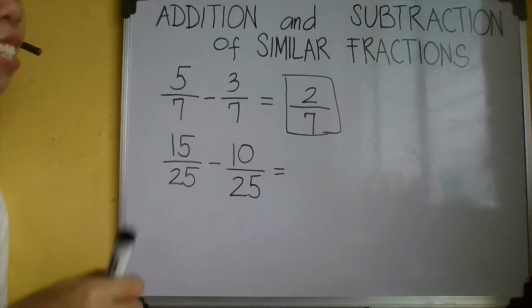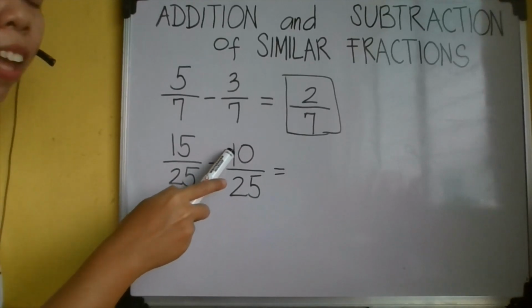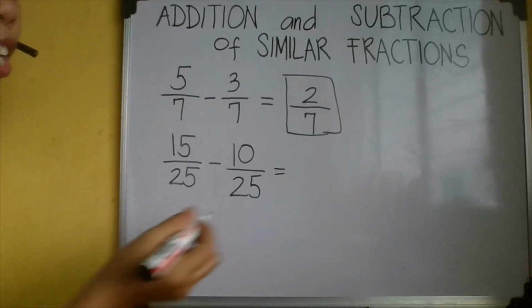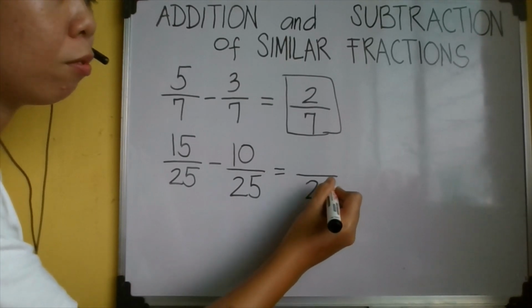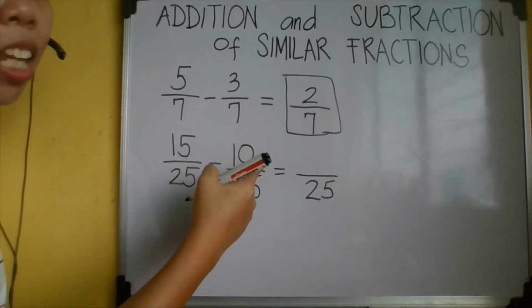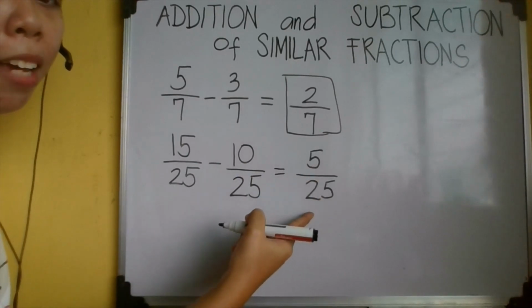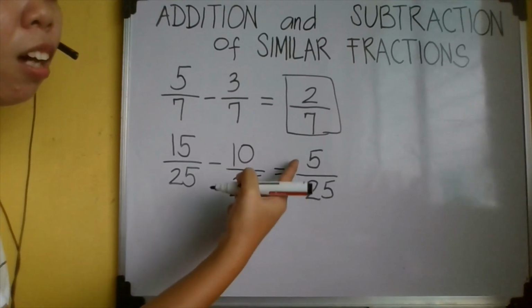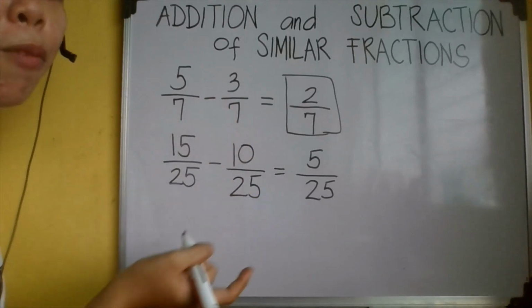Second example, we have 15/25 minus 10/25. Again, since they have a common denominator, just copy their common denominator, that is 25. Then subtract the numerators, so 15 minus 10, we have 5. So is 5/25 in simplest form? Of course not. So we can divide 5 and 25 by their common factor, 5.